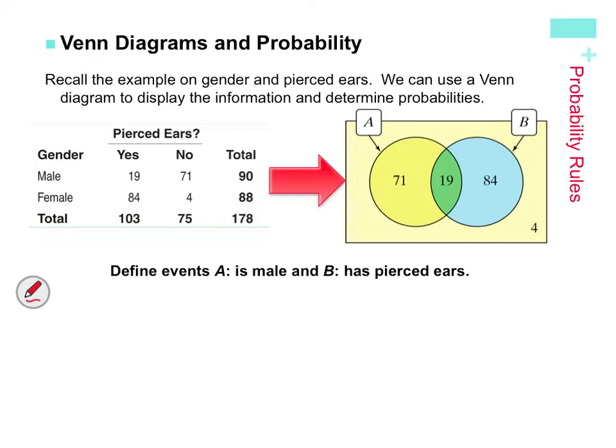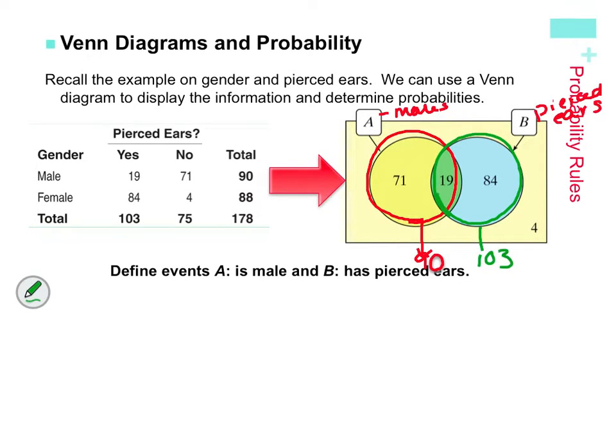If event A is males and event B is pierced ears, you had 90 males, and you had 103 with pierced ears. The overlap was the 19, that was A and B. So there were 19 males with pierced ears.